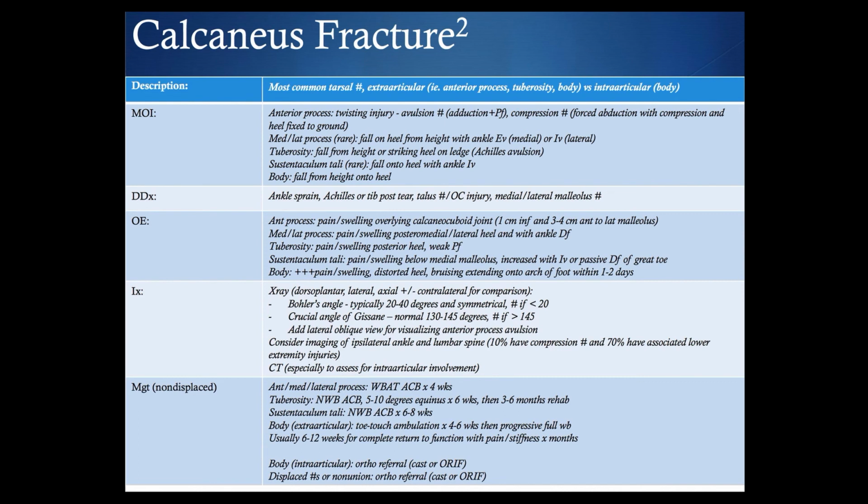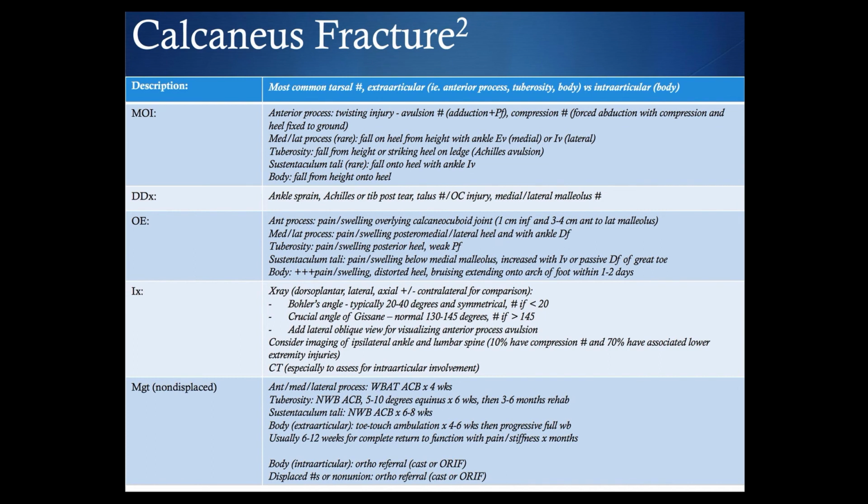oftentimes we see extra-articular fractures, especially if they've been missed in follow-up in the office or when referred. So in particular, anterior process fractures tend to be misdiagnosed or missed when it comes to inversion injuries of the ankle, or certainly overlooked potentially as well.